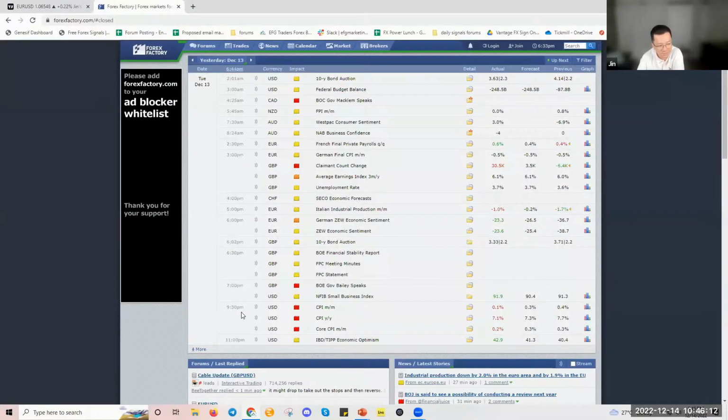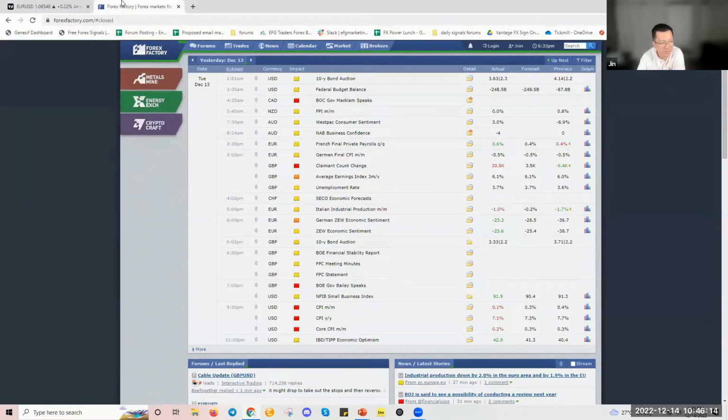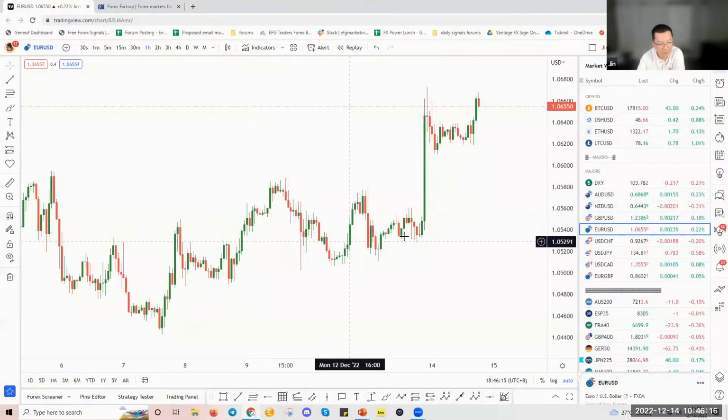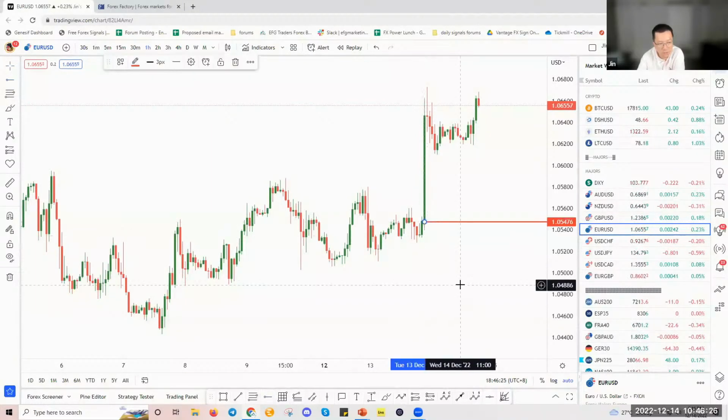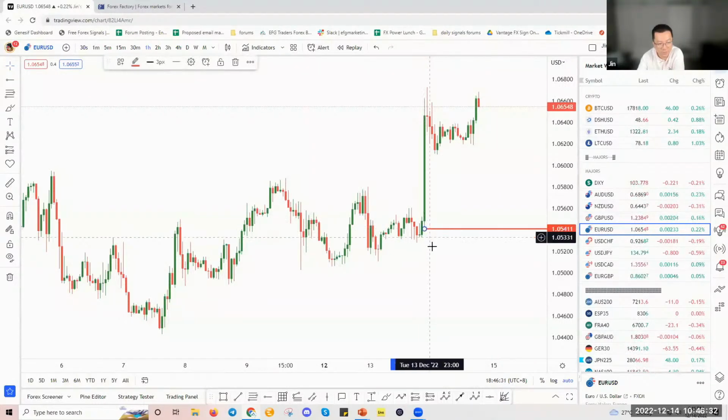You can see it was released at 9:30 p.m. GMT plus 8. Because of that dollar weakness, we actually saw the euro dollar go from this 1.0540 level, shooting upwards within the hour, right? Within the hour.